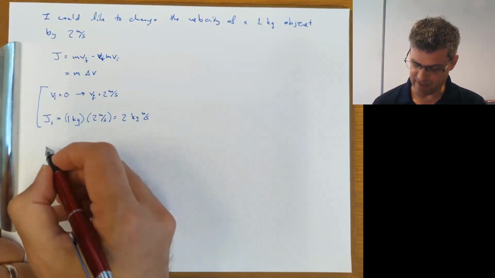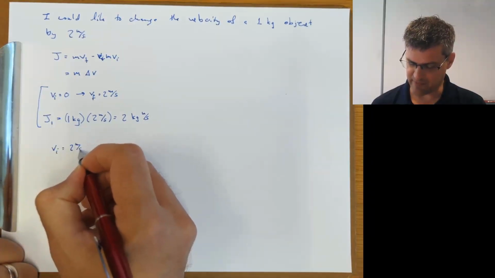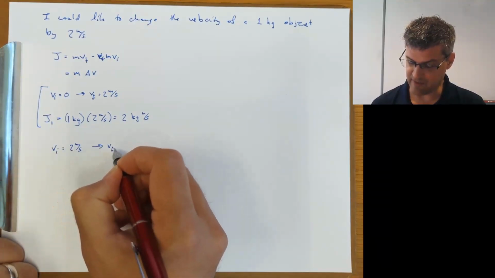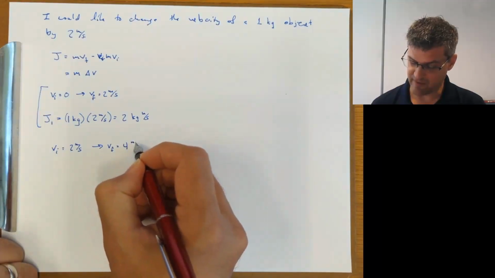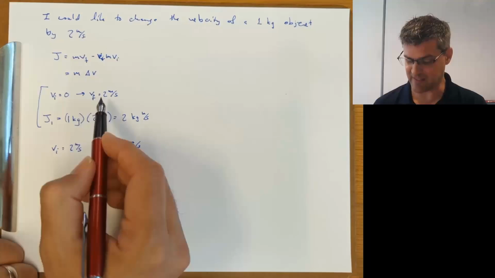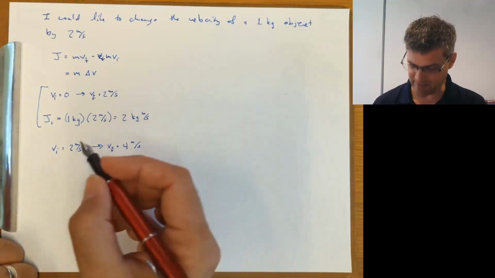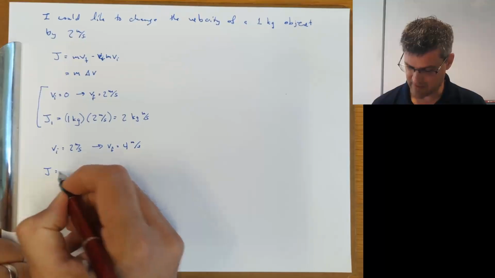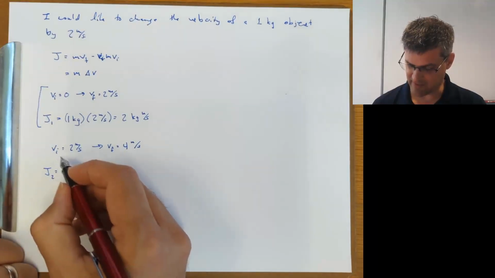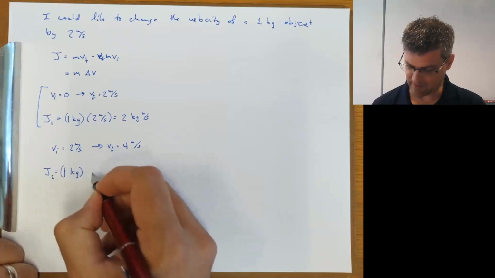But what if instead we wanted to go from VI equals 2 meters per second to VF equals 4 meters per second? Now this is the exact same change in velocity on the exact same massive object. And so in this scenario, we're looking at 1 kilogram.